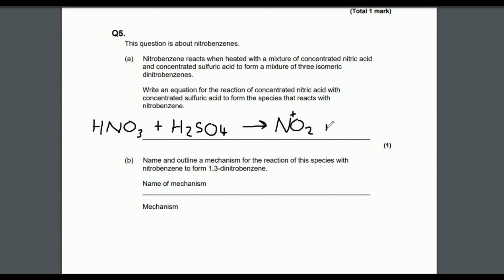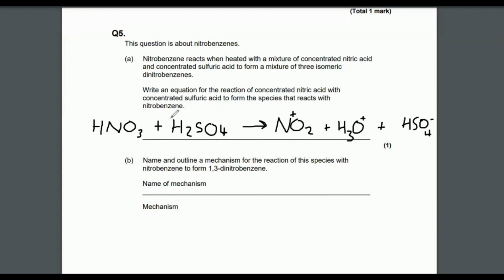You can put the plus anywhere, on the oxygen or the nitrogen, it doesn't really matter. That's NO2+. We're going to remove one of the hydrogens from the nitric acid, stick it on a water molecule to make H3O+, and then we've got a hydrogen sulfate ion, HSO4-.